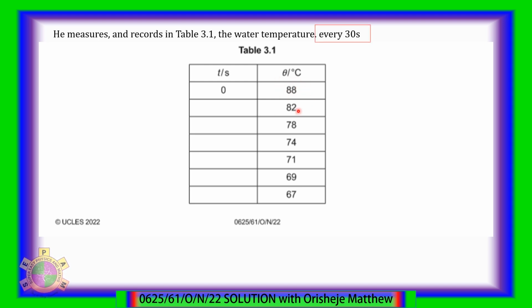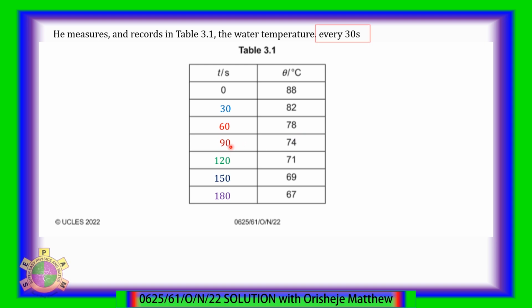Then after 30 seconds, he measured 82 degrees. The temperature dropped by 6 degrees. Then another 30 seconds, that is 60 seconds, the temperature dropped again, this time from 82 to 78. So the first time 6, second time 4, then it drops again.